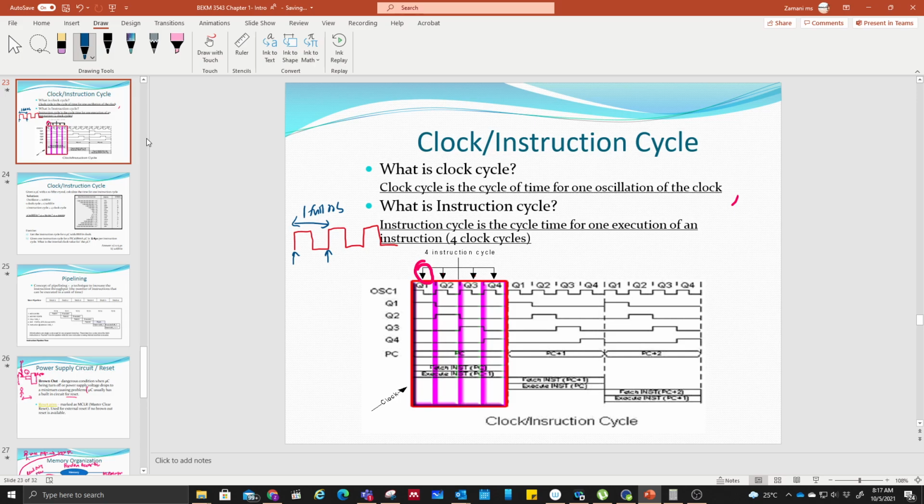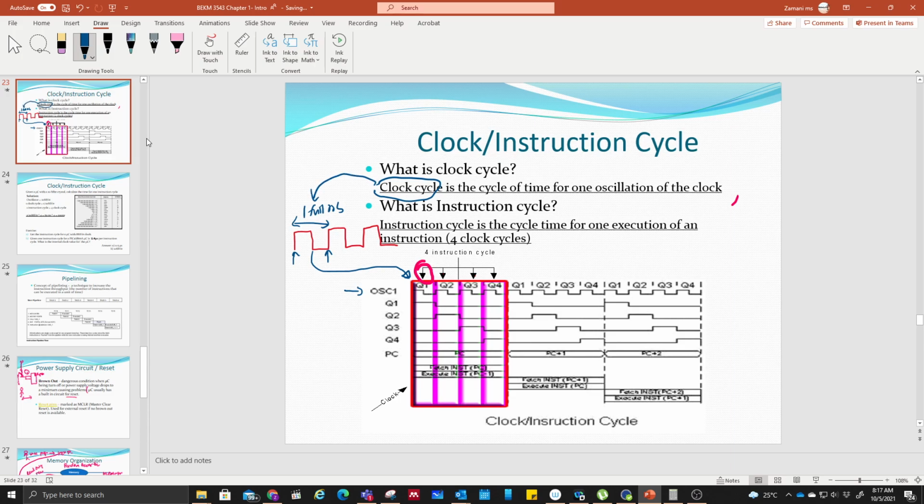You can see that you have an oscillator which is constantly oscillating by a standard uniform wave over here. This is a square wave. Every time it goes up and goes down, there is actually one cycle of clock, one oscillation. So the clock cycle is this one.